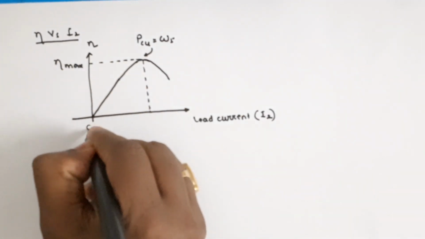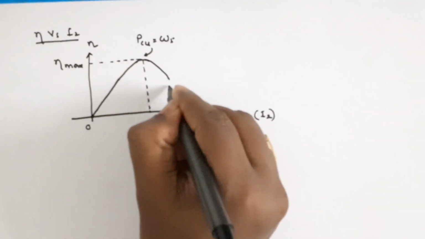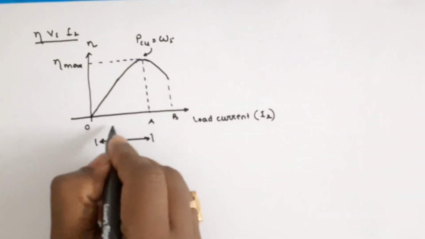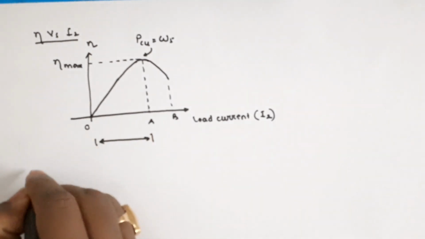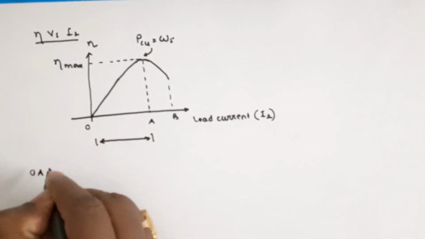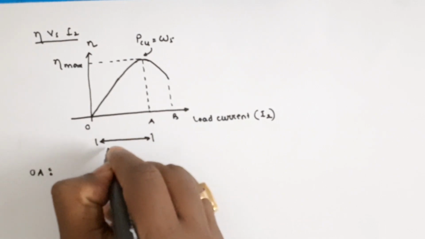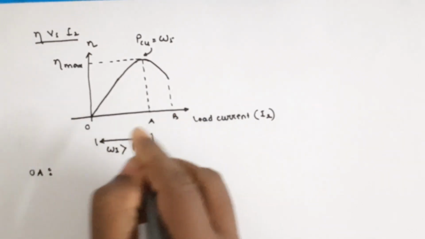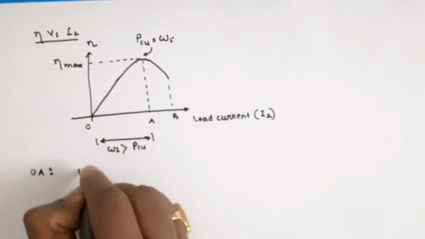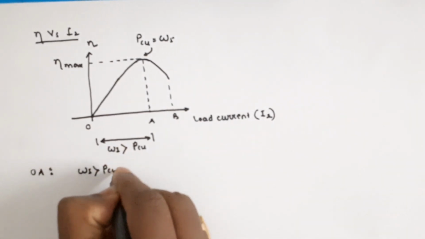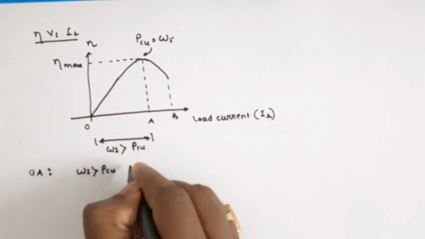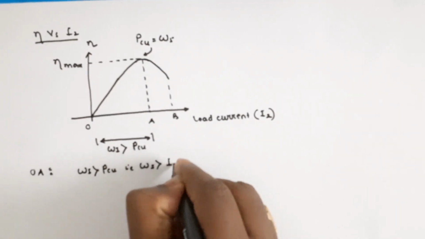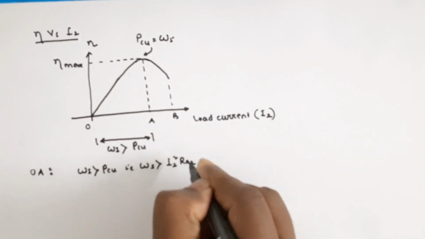Suppose this is the point O, this is A and this point is B. Here in the OA portion, iron loss Wi is greater than copper loss. That means Wi is greater than I2 square into R02.